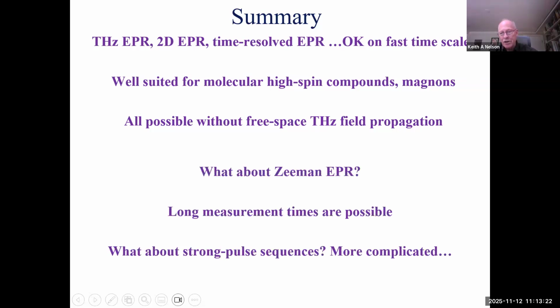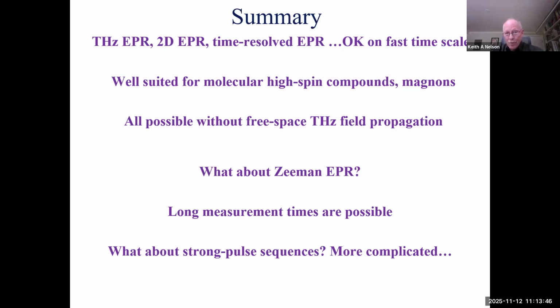Here's what I didn't show. I didn't show any Zeeman EPR. Here's one of the reasons why. Everything I showed you was done on really, by any standard that I think you're probably used to thinking, very fast timescales, right? Tens of picoseconds. Sometimes we've gone out to hundreds of picoseconds. That's about as long as we've gone, right?